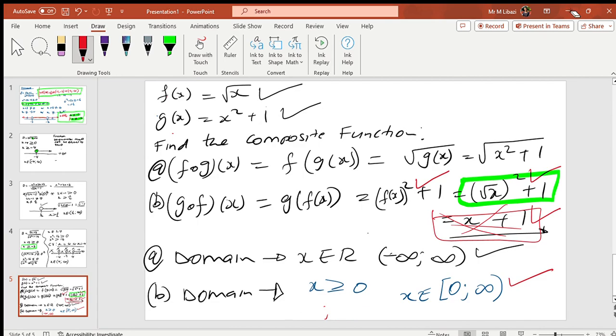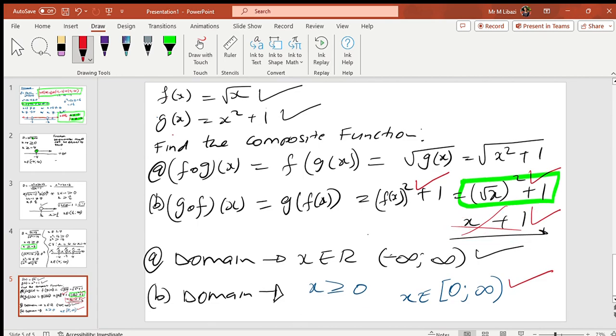But instead you have to use the one that is not simplified here, the square root of x. So you need to look at the square root of x alone.